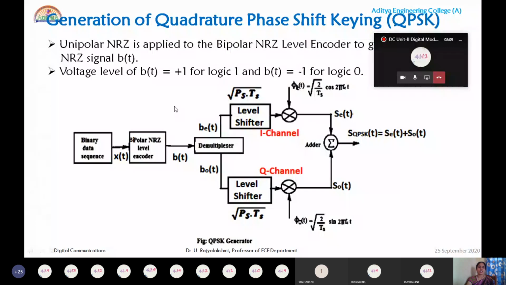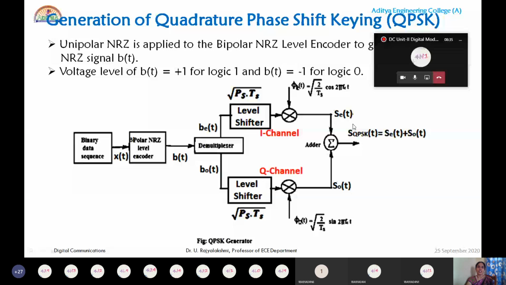Already we discussed the generation block diagram. Initially the unipolar signal is converted into b of t, and using a demultiplexer it is split into 2 sequences, an even and an odd bit sequence. The even bit sequence is multiplied by root PsTs into the in-phase energy carrier, because you have cos 2 pi fct here, and the output of the multiplier is S naught of t.